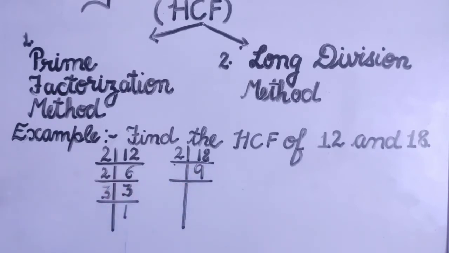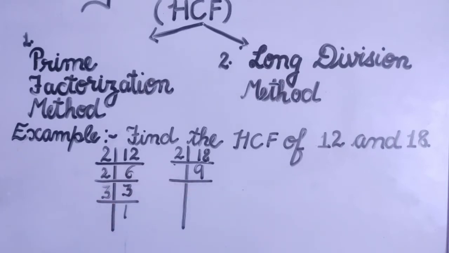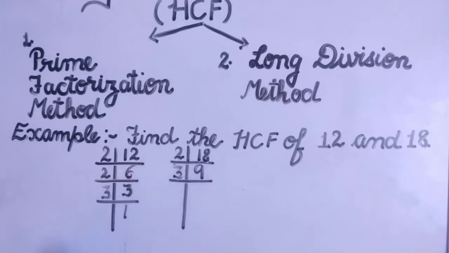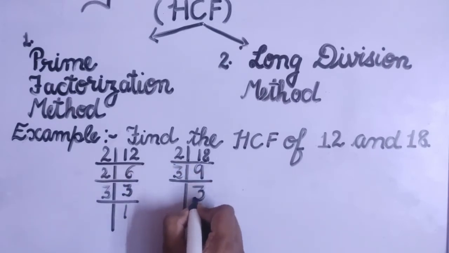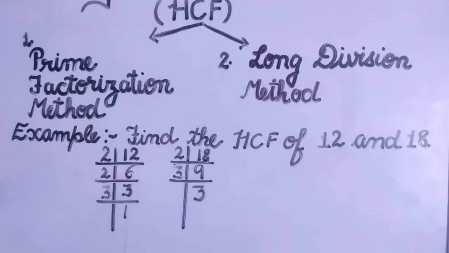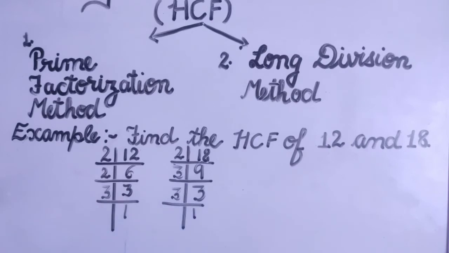Now once again check, students, can 9 be divided by the smallest prime factor? No, 9 cannot be divided by 2. So we will move to 3. 3 3s are 9. Now 3 can only come in the table of itself. So 3 1s are 3.